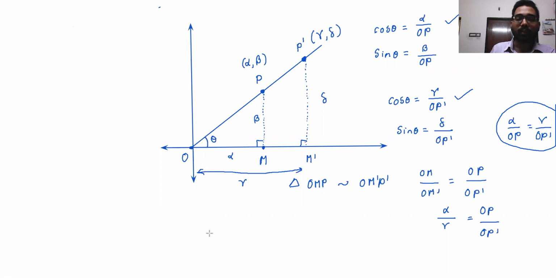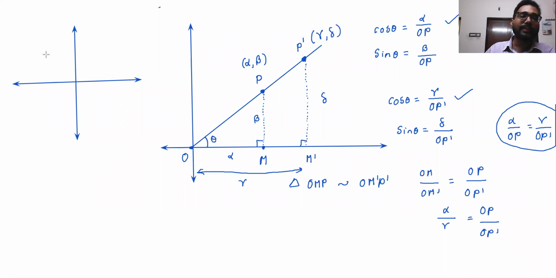Okay, first let me draw the coordinate axis. So that's why we prefer to take a point on the unit circle, because we have just now proved that the choice of P will not affect the values of cos theta and sin theta.